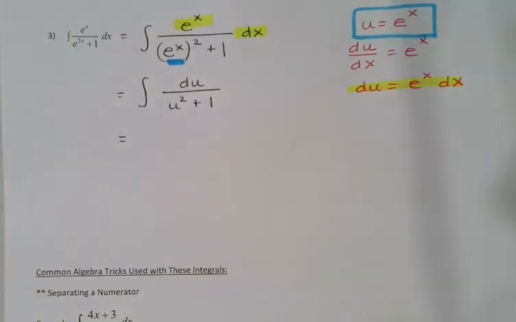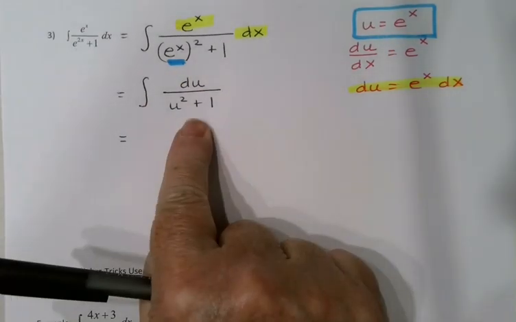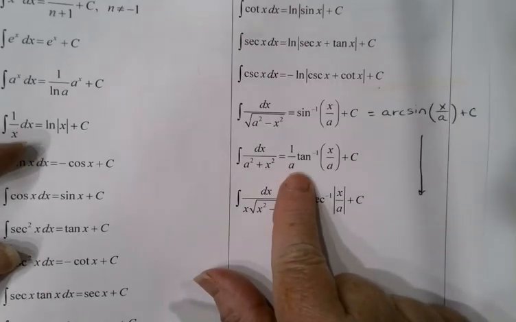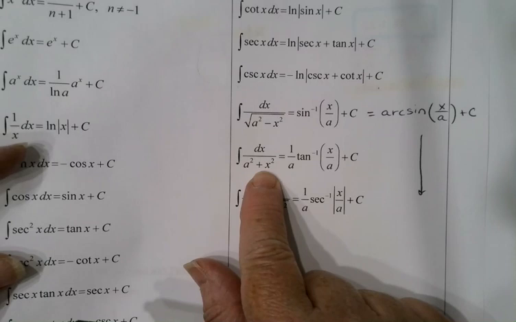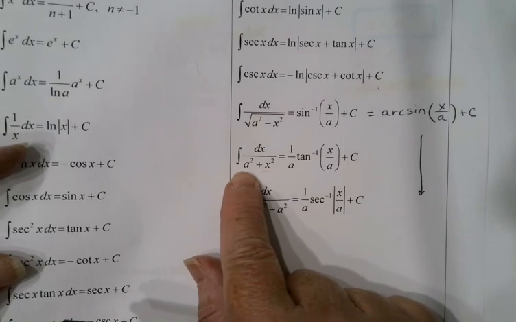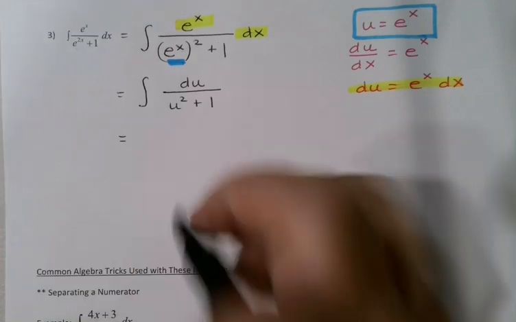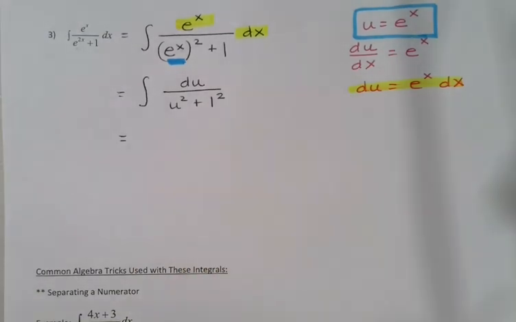All right, I think we're in pretty good shape here. This is supposed to match this arctangent integral. I've got a u squared instead of an x squared, which is fine. The other term is supposed to be a squared, but 1 is the same as 1 squared, right? So I'm just thinking a is 1 here.